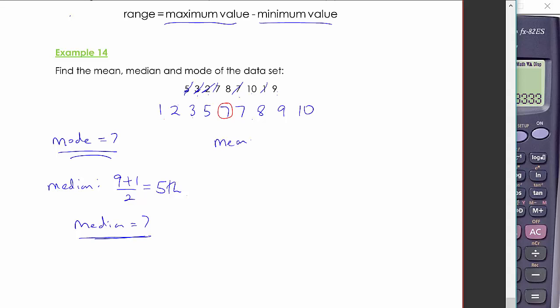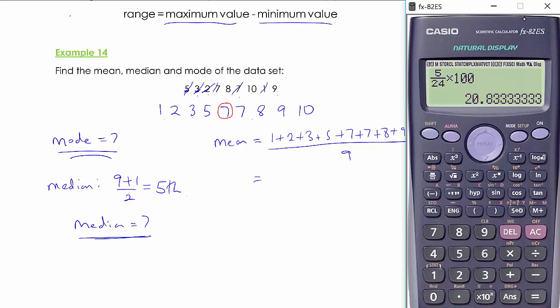So the mean, we're going to add them all up. 1 plus 2 plus 3 plus 5 plus 7 plus 7 plus 8 plus 9 plus 10 divided by the number of pieces of data, which we said was 9. So that's a calculator job. So 1 and 2 and 3, that's 6, 11.